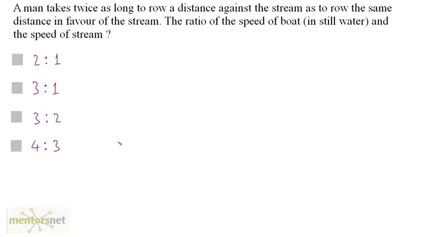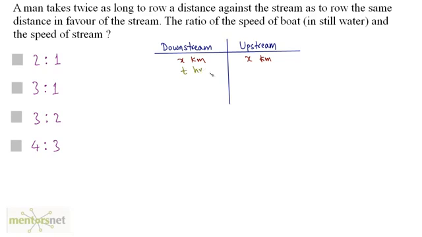A man takes twice as long to row a distance against the stream as to row the same distance in favor of the stream. What is the ratio of the speed of boat in still water and the speed of stream? You actually have two situations here, downstream and upstream. Let the distance traveled be x kilometers, and let the time taken to travel downstream be t hours.